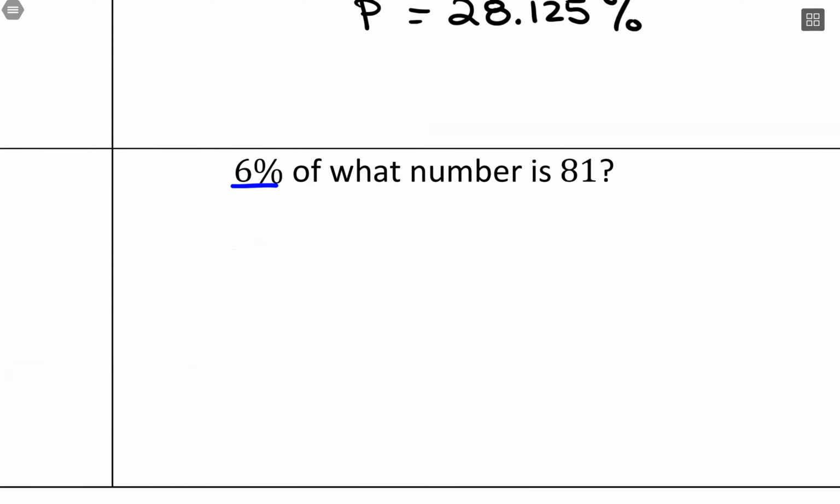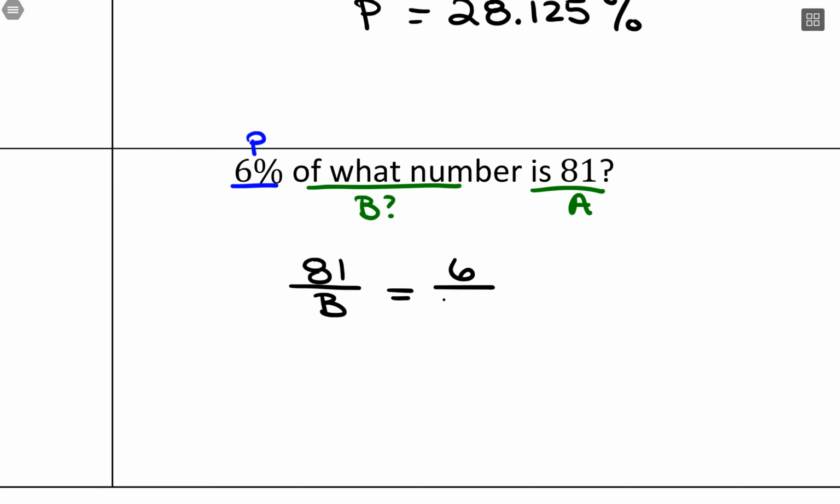So we have percentage of what number? So of, which is b, is 81, which is amount. So we're taking 81 out of what number equals 6%, which is 6 out of 100. We're going to cross multiply.